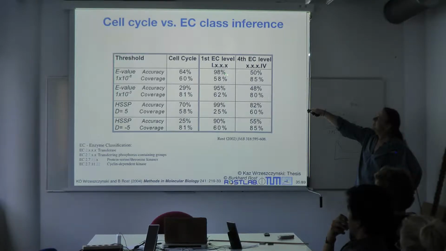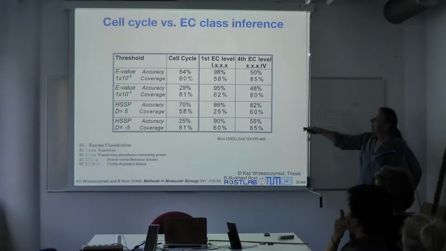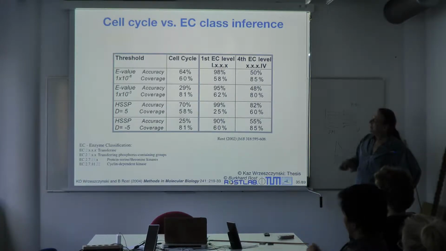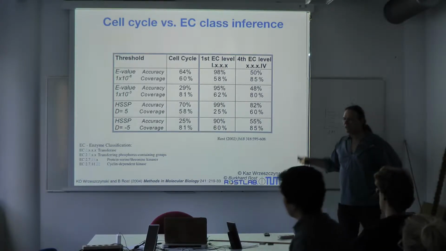By the way, first level EC is shown here and fourth level is shown here, so first level is actually higher. But then we go down in the E-value, and we see that the enzyme is still conserved. For cell cycle, the numbers drop much more. There is a jump here. But essentially you have to redo the entire thing.